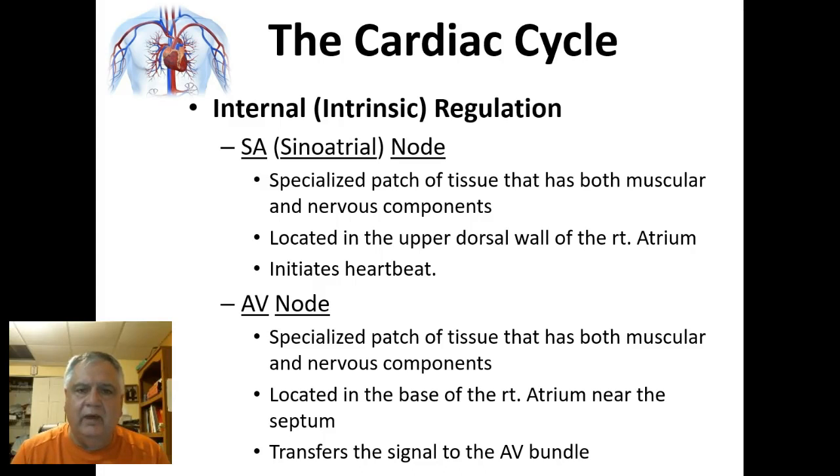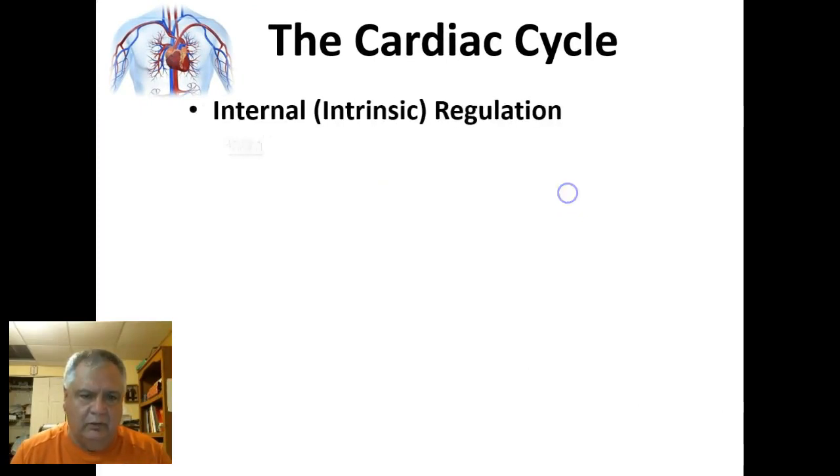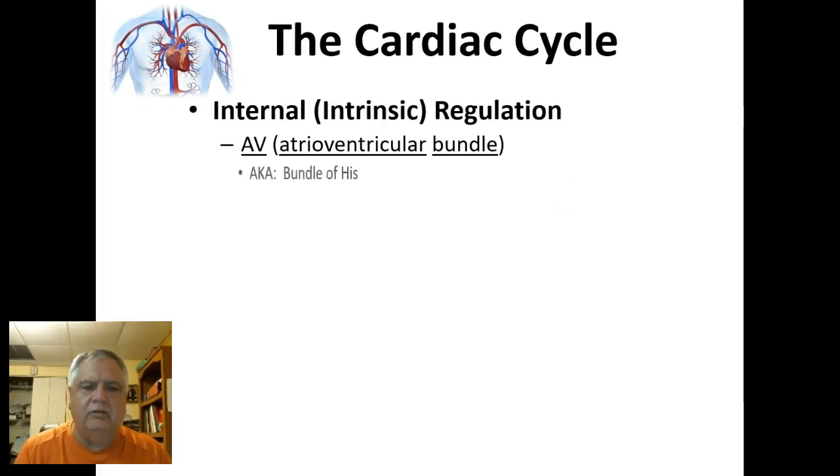The job of the AV node is to collect up the signals from the SA node, bring them all back together again, and transfer those signals then to the next component of the intrinsic regulatory system, which is the AV bundle. So let's take a look at the AV bundle, the atrioventricular bundle.